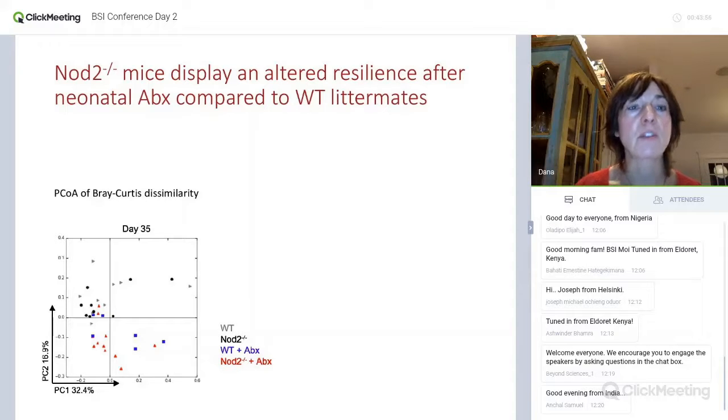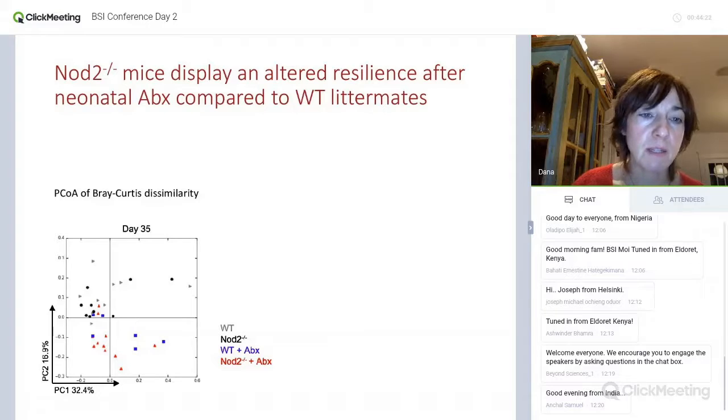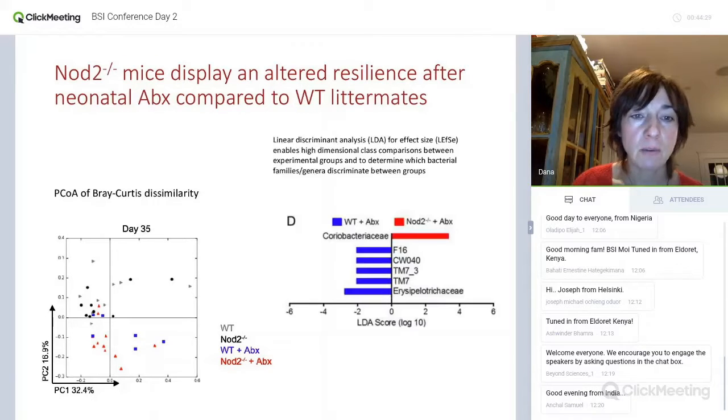This was at day 35, almost 2 weeks after the cessation of the antibiotics, so we're really looking at the resilience of how the microbiota is coming back over time. You can see that most of the microbiota is clustered in this quadrant, but the Nod2 knockout mice with antibiotics were the most affected by the antibiotics, and they weren't coming back to their normal state. This is a significant difference compared to the other groups.